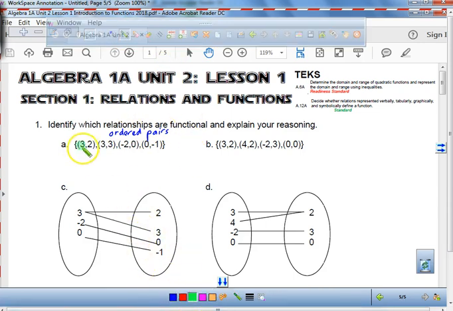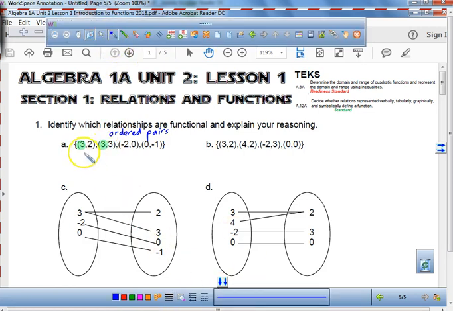Oh, right there, 3 and where? What does that let us know? Same input but different outputs. So everybody, is this a function? We're going to say no, this is just a relation.